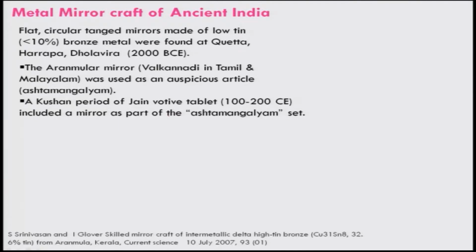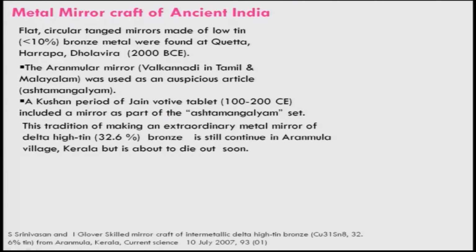And interestingly, the tradition of making this metal mirror of delta high-tin bronze, around 32.6% tin, still continues in Annamular village in Kerala, but it is about to die out soon, because people are not interested in doing that. And it is so interesting and so good that one should think of why one should not continue it.